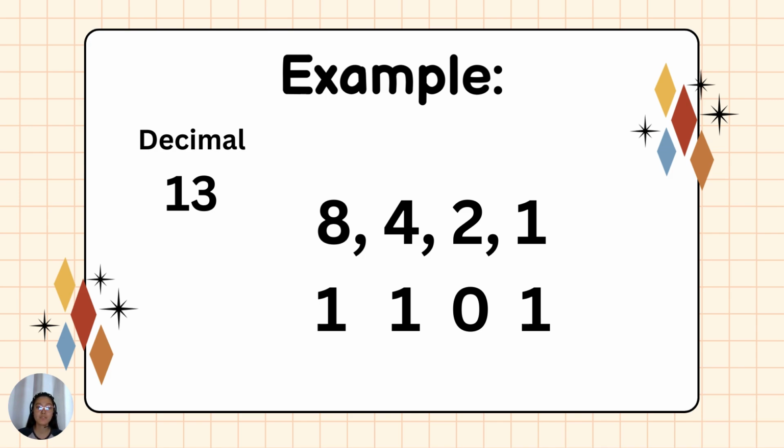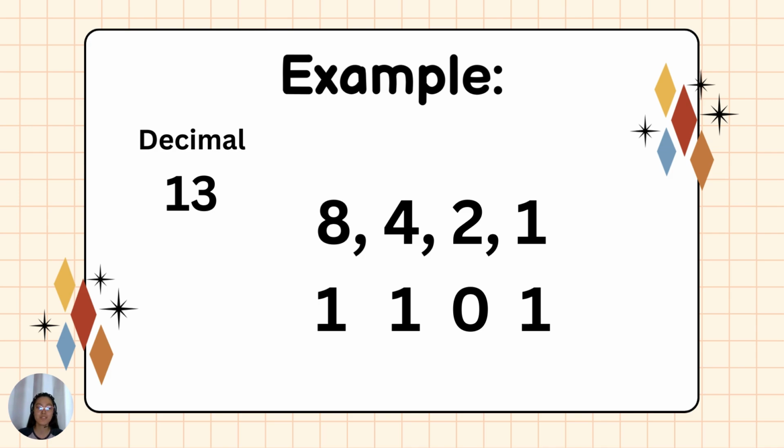Since the result of these two numbers is 12, if we add 2, it would turn out to 14, so it will exceed 13. So we will put 0. However, if we add 12 to number 1, it will result in 13, which is equivalent to the decimal number 13.